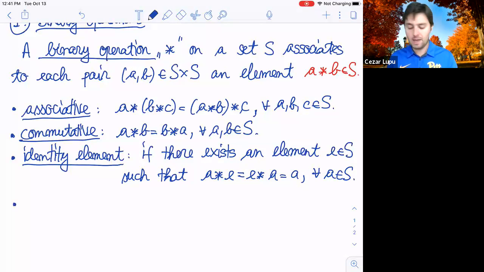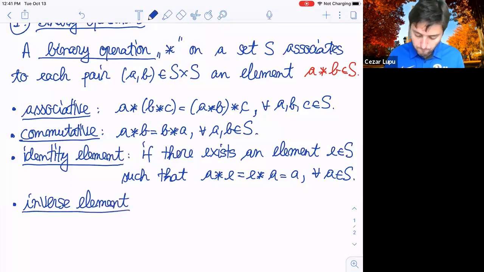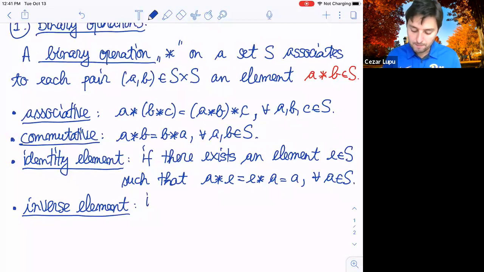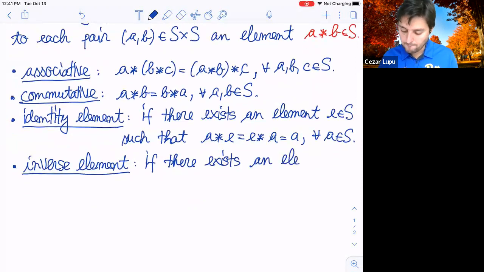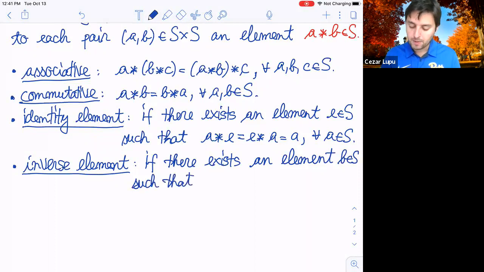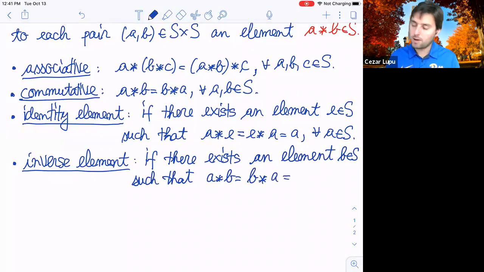All right, the inverse element. It says the following: if there exists an element B in S such that A star B is the same as B star A, and moreover this equals the identity E, then we denote B by A to the power -1.